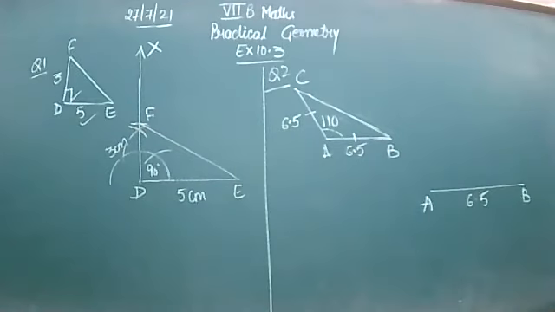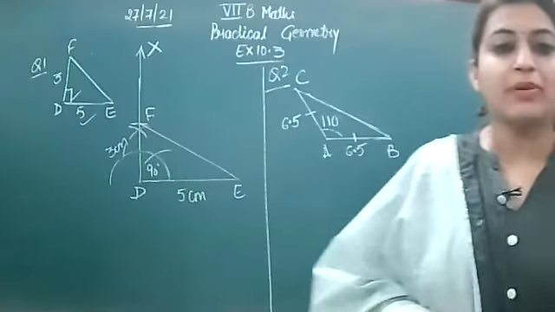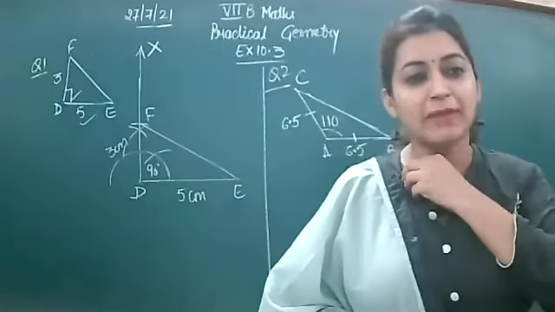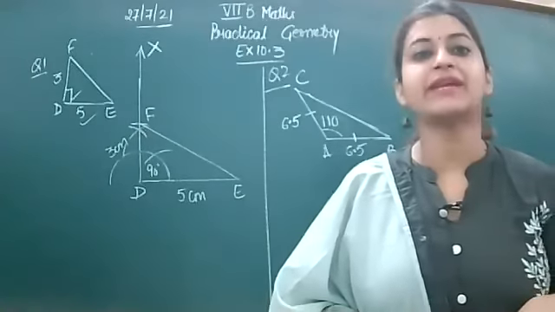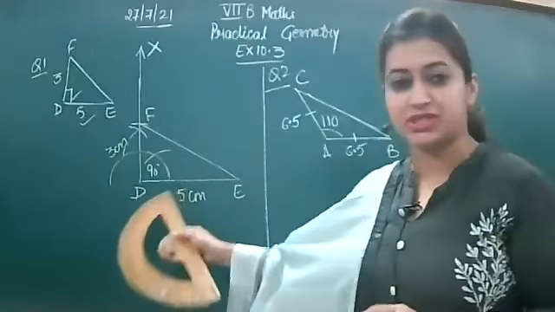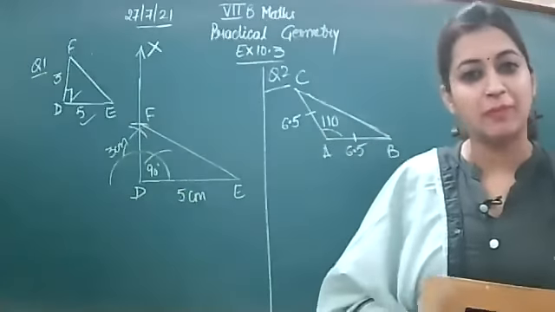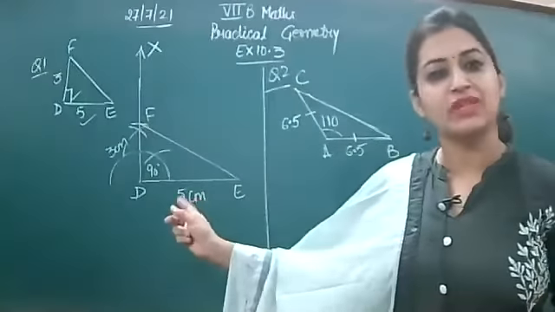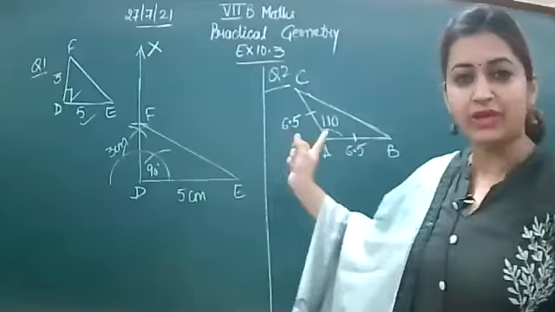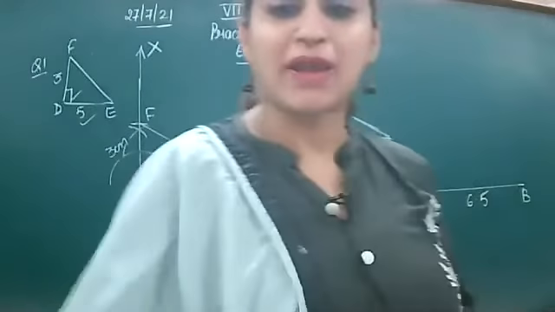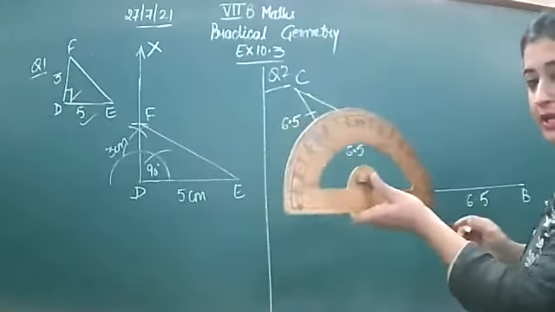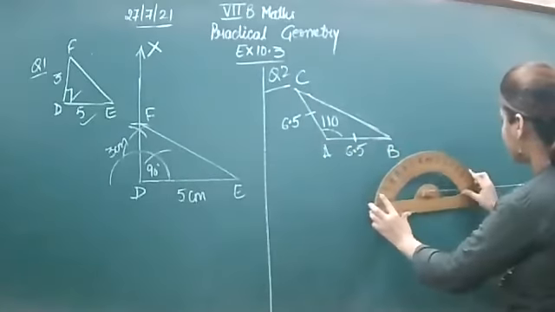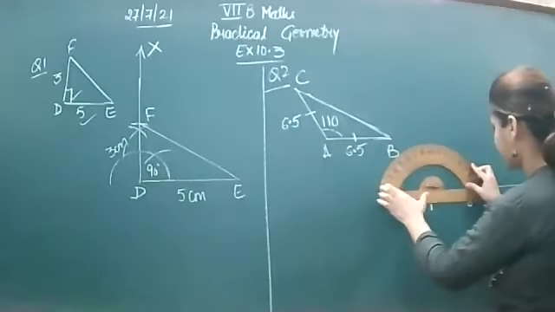The next step is you have to make 110 degrees. The numbers which are divisible by the table of 15 will be drawn with the help of compass. Like 90 was the angle in the first question and 90 was divisible by 15, so we drew it with the compass. But 110 is not divisible by 15, so we will draw this angle by protractor. Keep this point here.